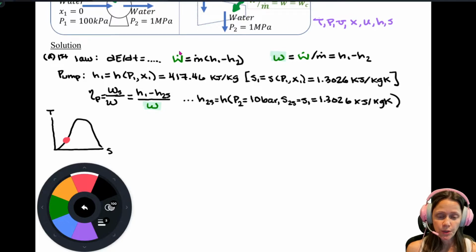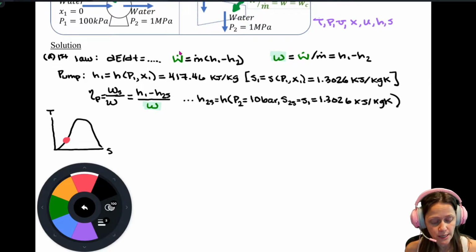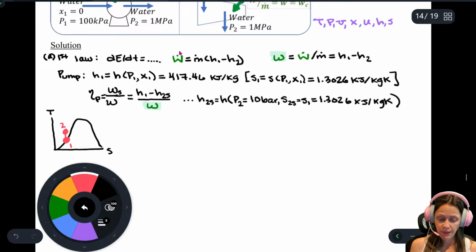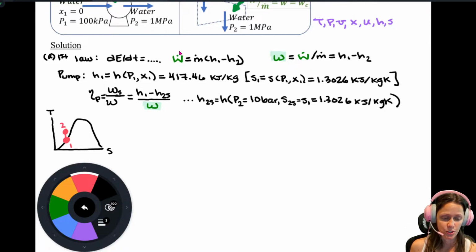The pressure is going to increase and the temperature is going to increase too, not that much, but it is going to increase. And if we're talking about an isentropic process, the entropy is not going to change, and so it's going to go straight up. Obviously, I have exaggerated the amount that it's going to go up, but that's the point. It's going into that compressed region.